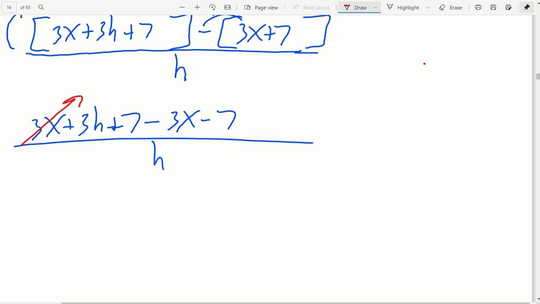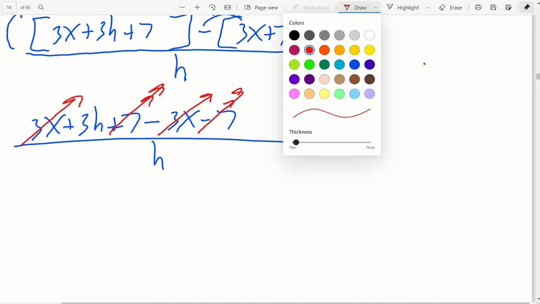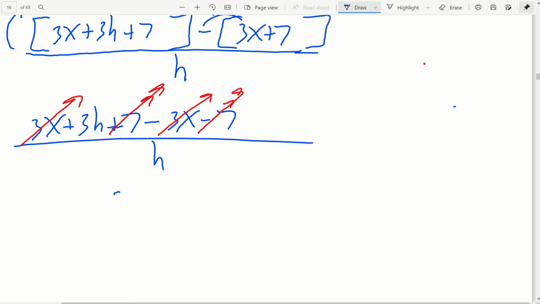Notice that we have a positive 3x and a negative 3x, so those cancel. We also have a positive 7 and a negative 7, and those also cancel. That now leaves us with 3h divided by h. Notice that our h's cancel, and for this one we have a final answer of 3.